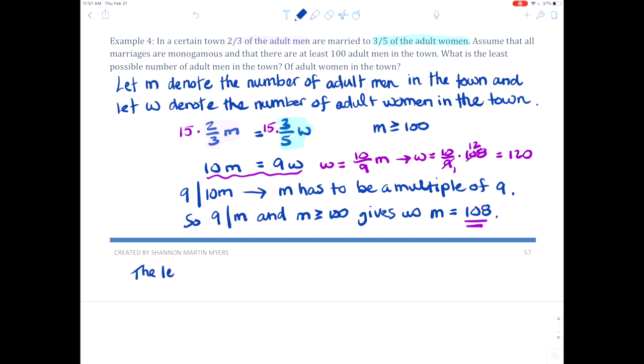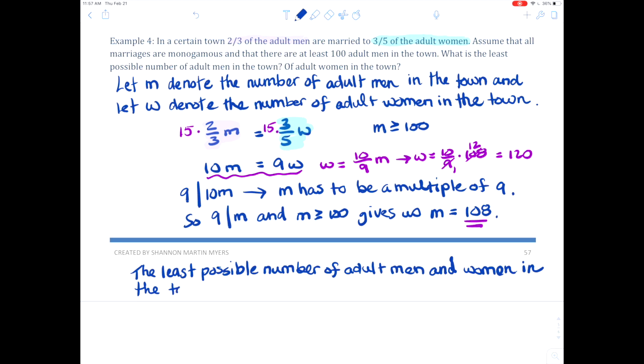The least possible number of adult men and women in the town is 108 and 120 respectively.